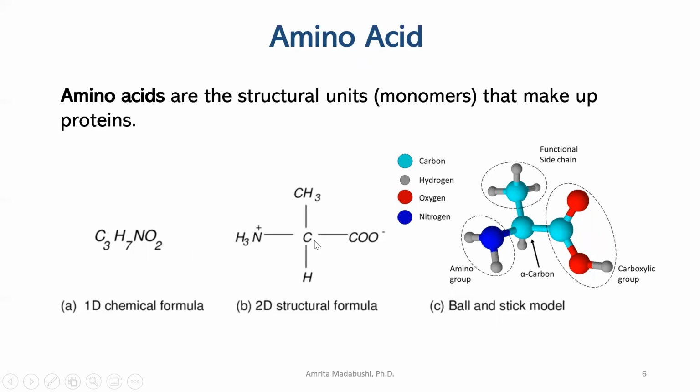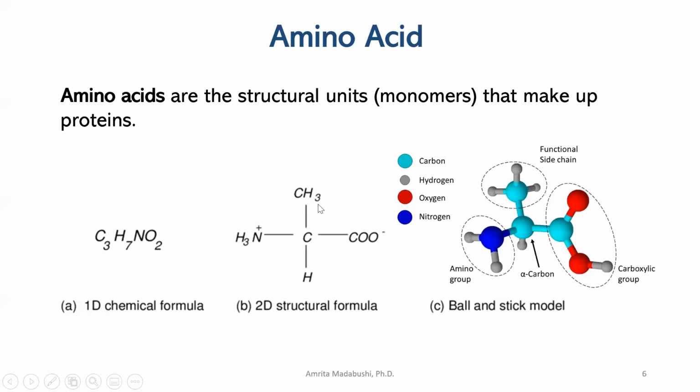There is a carbon in the middle. It is on one hand connected to an acid group, COOH. That reminds us of the carboxylic acid. And then there is the amino group, which is the NH2, amine group. That is why it's amino acid. So both the groups are present here.